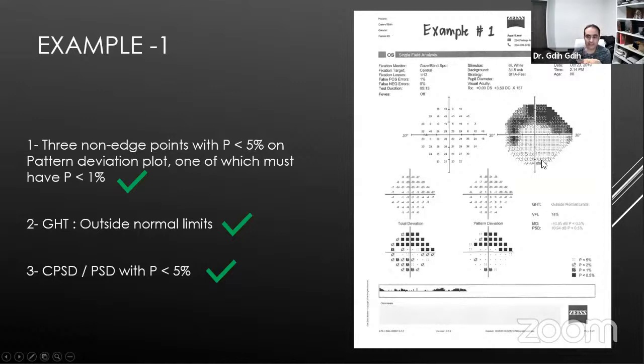Sometimes you see a comment that says pending inferior or superior arcuate. You see a visual field that extends from the nasal step in an arcuate shape, but it goes all the way up to here and it doesn't connect with the blind spot. So we call that a pending inferior arcuate. In an artifact that's caused by a lid, you will not see it connected to the optic nerve.